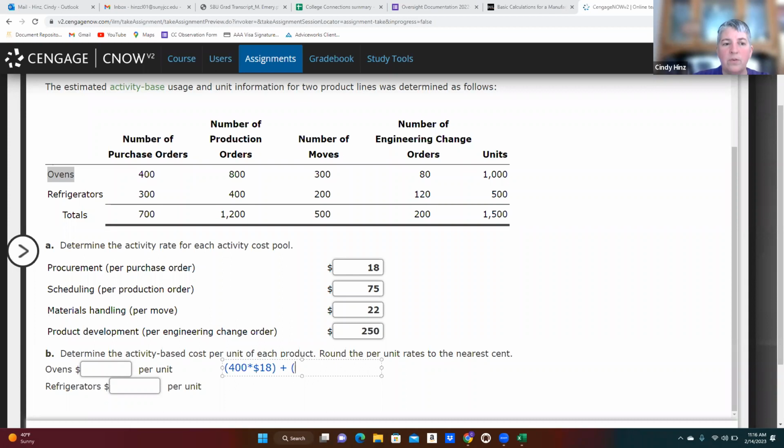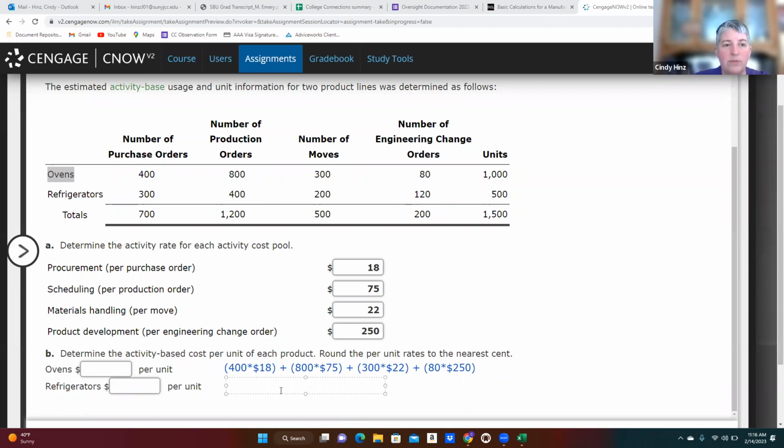And for scheduling, they have 800 production orders for ovens at a cost of $75 each. For materials handling, ovens have 300 moves at $22 each. And finally, 80 engineering change orders at $250 each.